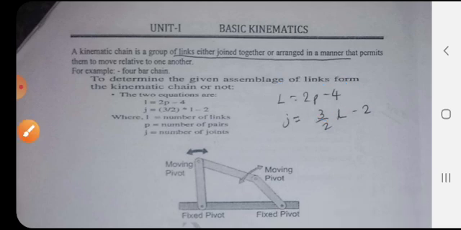Since in a kinematic chain each link forms a part of two pairs, there will be as many links as the number of pairs.